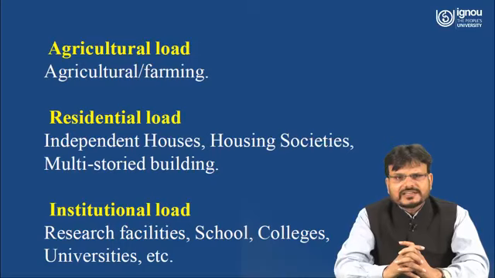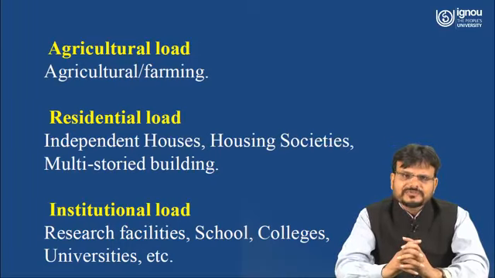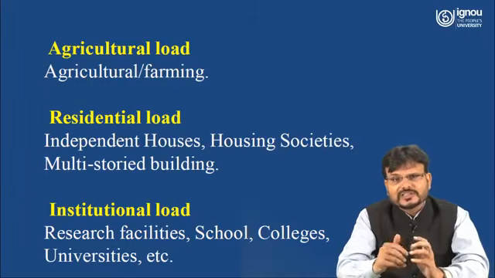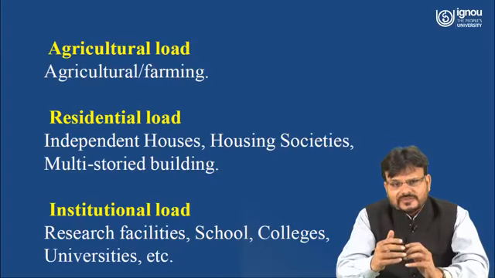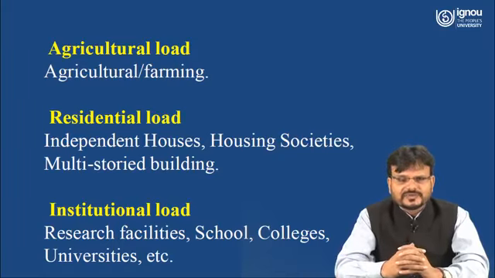Then next comes the agricultural load. Agricultural load means if electrical power is being used for agriculture or farming purposes, such type of load is called agricultural load. That means you have to run the tube well, you have to run different pumps. If this type of load is being used by the farmer, it is called agricultural load.